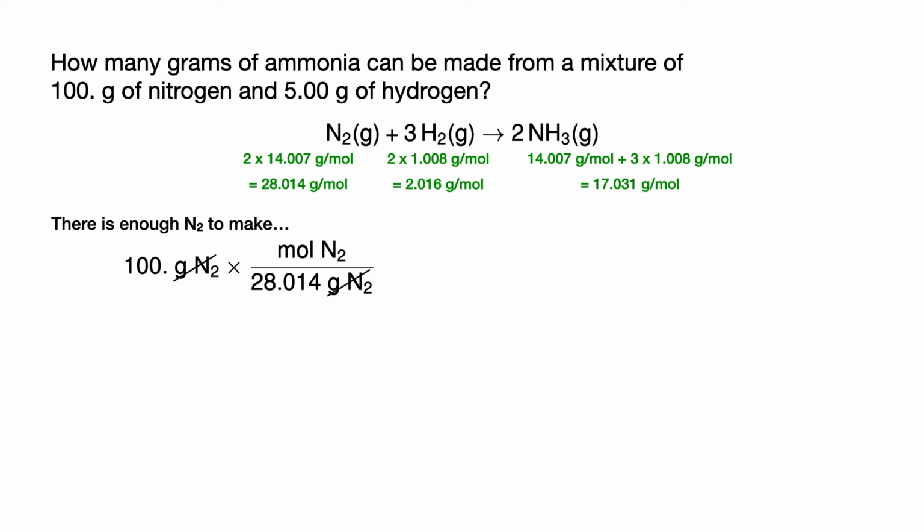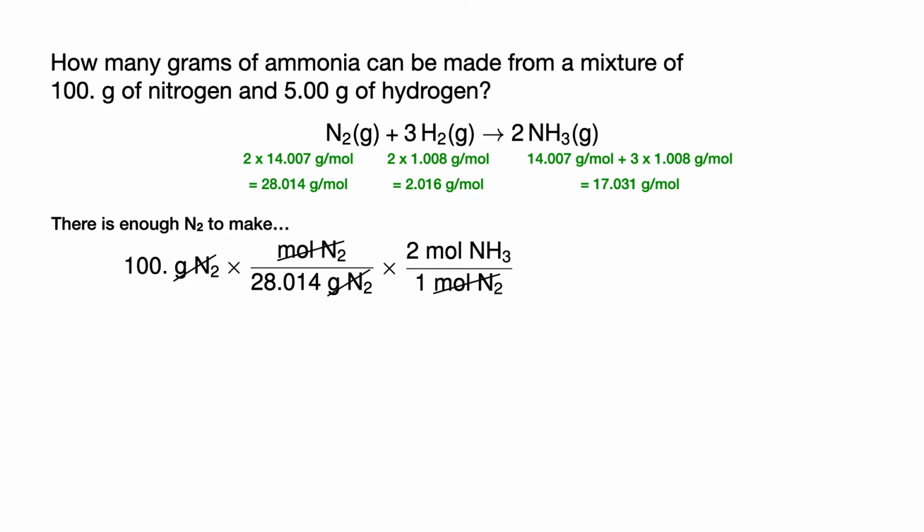And then we will convert from moles of N2 to moles of NH3 using the reaction stoichiometry. There are 2 moles of NH3 produced for every 1 mole of N2 that is consumed. And so here the moles of N2 cancel out.